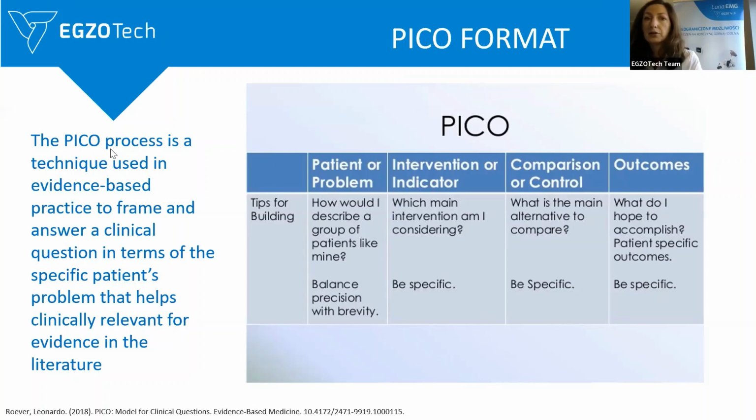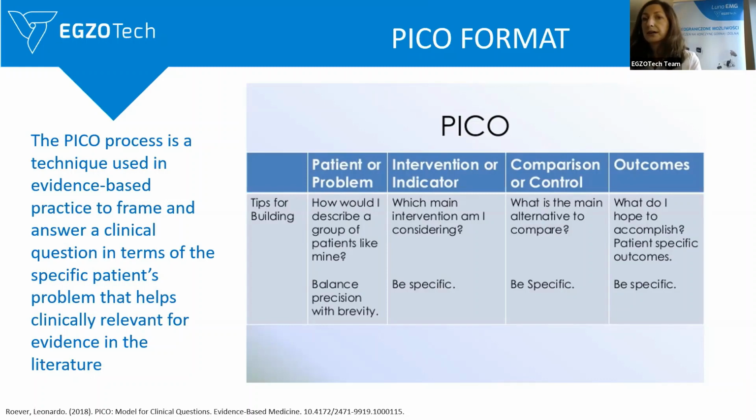So PICO comes from the first letters. P is for patients or problem. And here we should find out how we would like to describe a group of patients, who is the target group. I is for intervention or indicator, so we think about which main intervention I am considering. C goes for comparison or control.